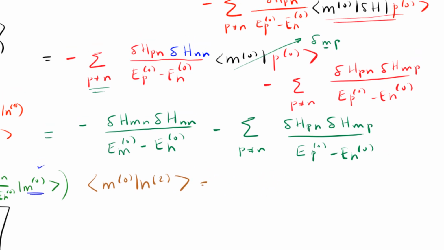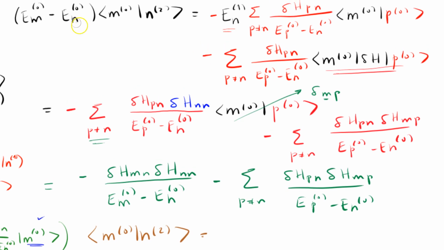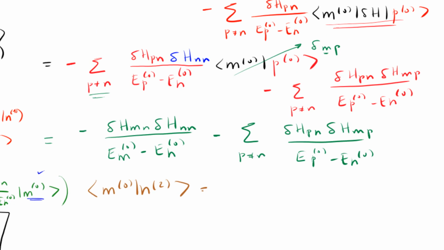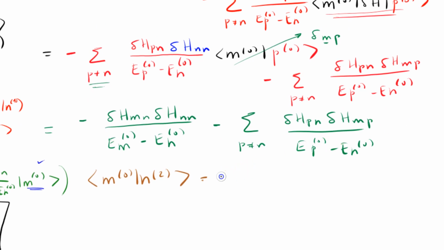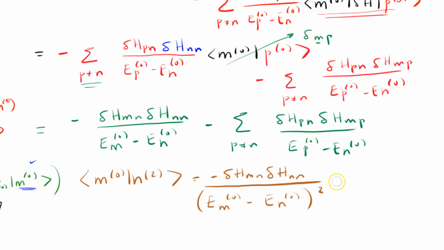So now we have to divide this whole thing by em minus en. So this is going to give us negative delta H M N delta H N N divided by EM0 minus EN0, and this thing actually is squared. Let's see if I can fit this in. It's going to be a challenge.